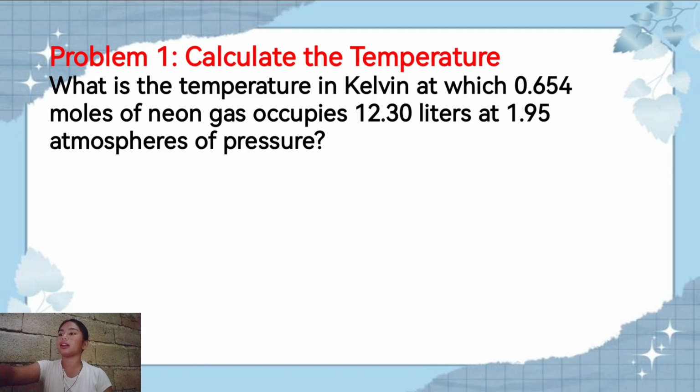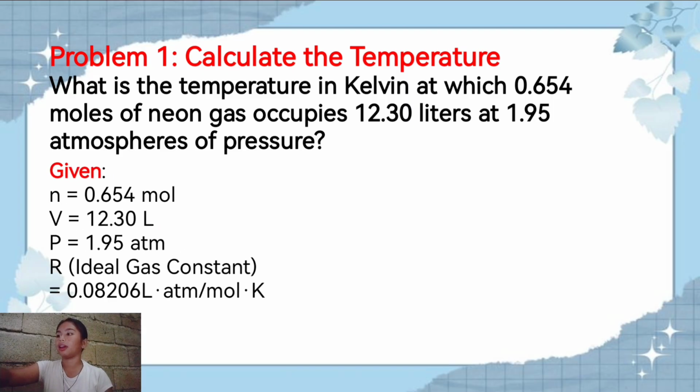So, ang mga given nga gihatag is mao ni siya. And ang formula nga dapat natong gamiton since atong i-calculate ang temperature is T equals PV over nR. And para ma-solve nato siya, atong i-substitute ang mga given ngadto sa equation ug atong i-solve.